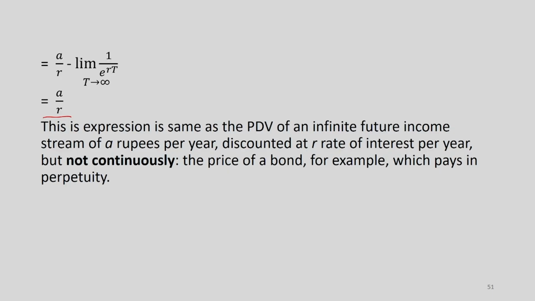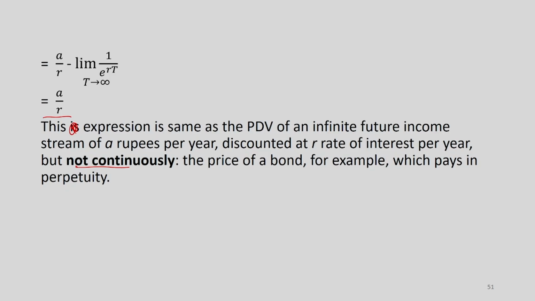This expression is the same as the PDV of an infinite future income stream of small a rupees per year, discounted at r rate of interest per year, but not continuously. So this we have talked about before when we were talking about geometric series. There I did not talk about continuous discounting.